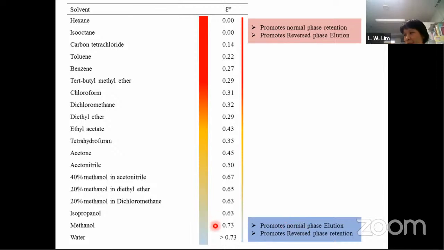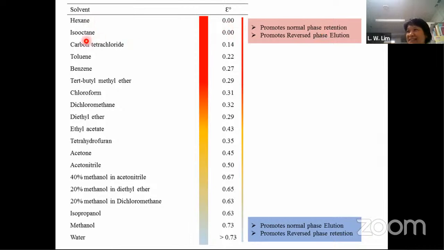This is the epsilon, the strength of the solvent. You can see water, methanol, isopropanol, and up to here, where for retention in normal phase we use hexane, which is close to 0.